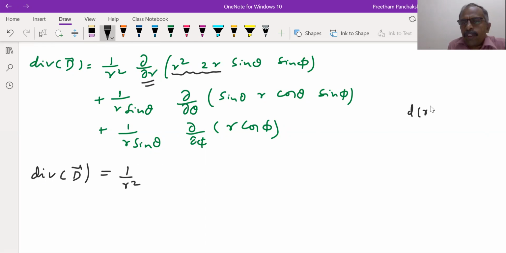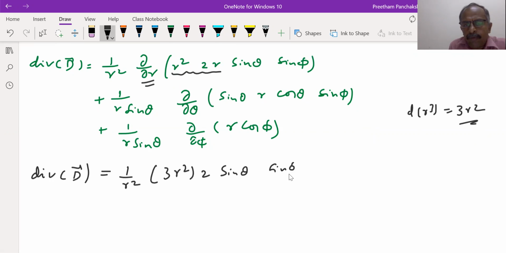Differentiation of r cube is 3r square. So here we get 3r square after differentiating r cube. Then you are left with 2 sin theta sin phi, which are constants.